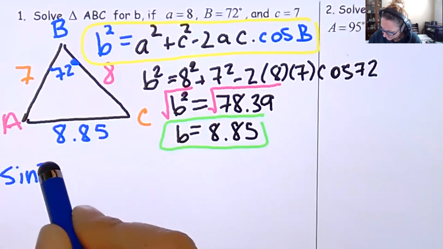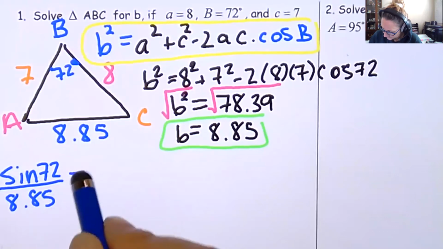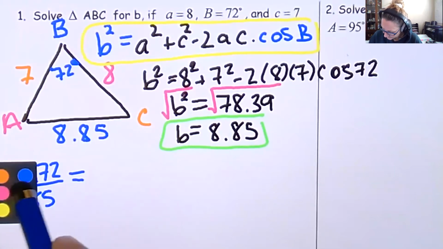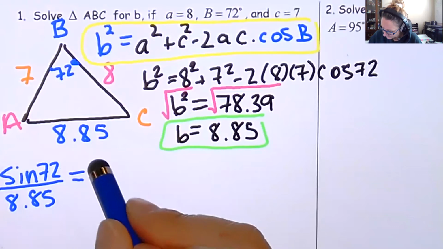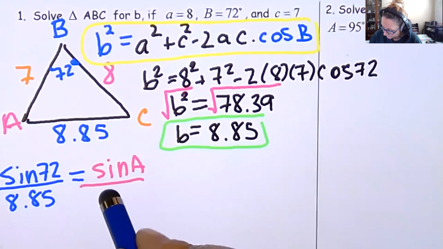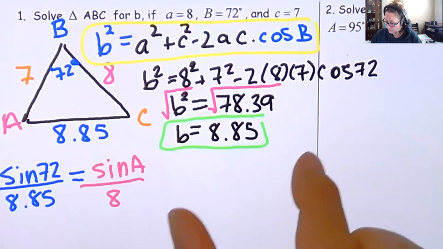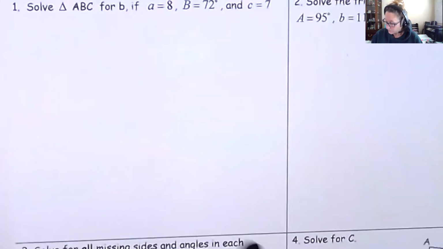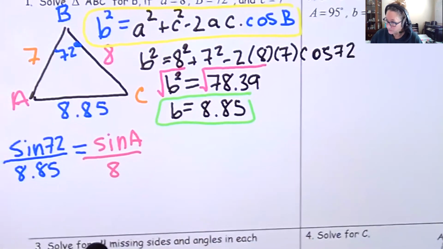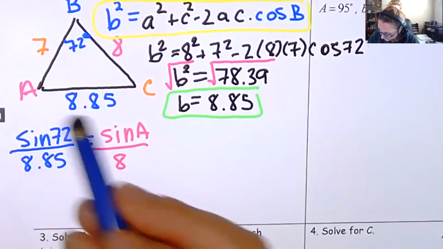So I'm going to do sine of 72 over 8.85 equals, and let's say I find A. So sine of A over 8, and then I'm going to cross multiply and work this out. So when I do that, I'm just going to do all this in black now that I kind of set that up.